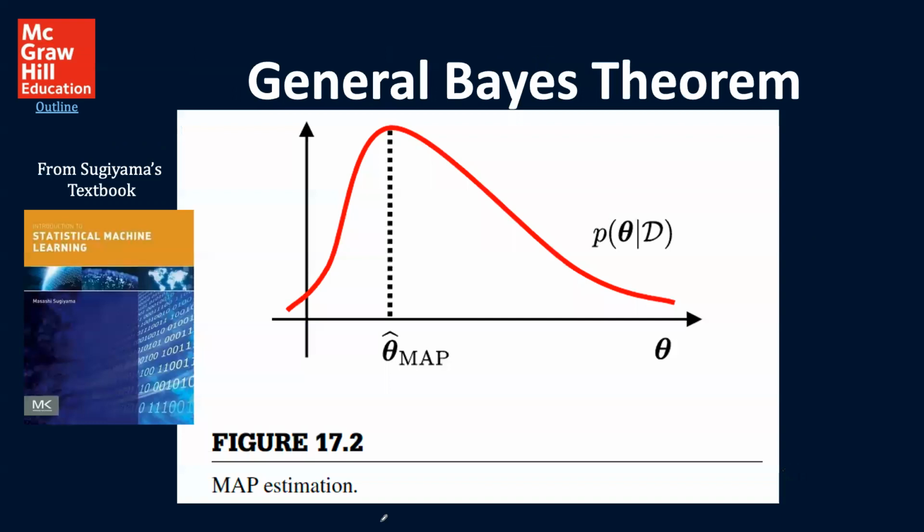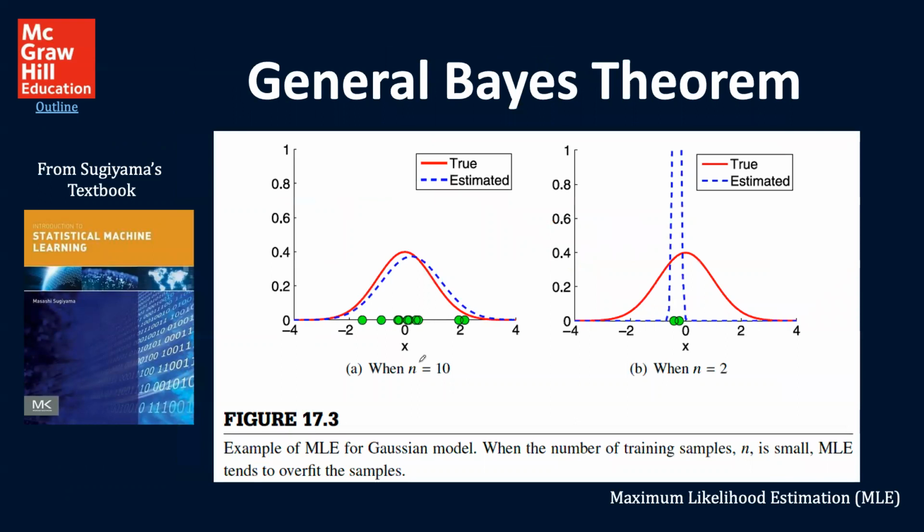Here we're going from our alternate source back to Sugiyama. We're just getting an illustration of what the general Bayes theorem could look like and what we're trying to do in terms of the estimation. Some of the syntax may be a little bit different, but I'm trying to have you focus more on the graphical figures that we have.